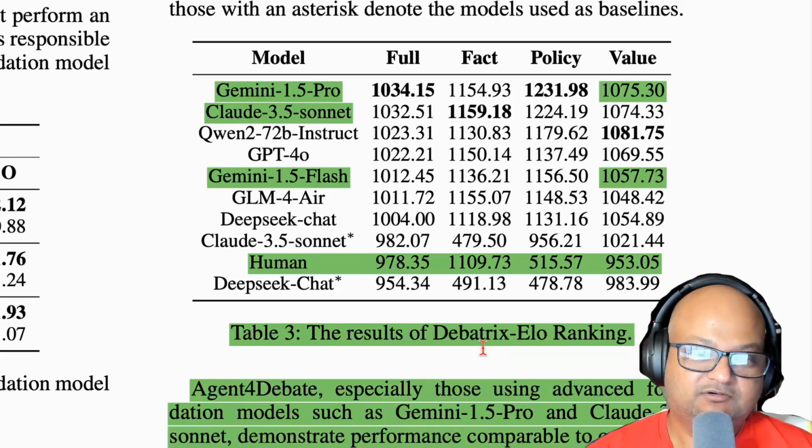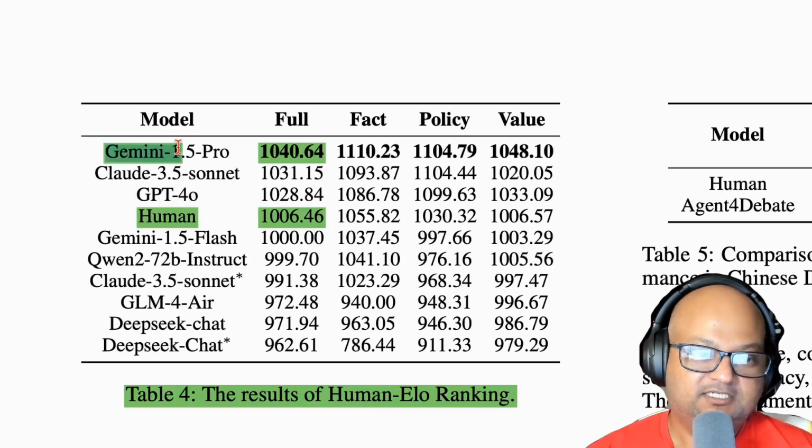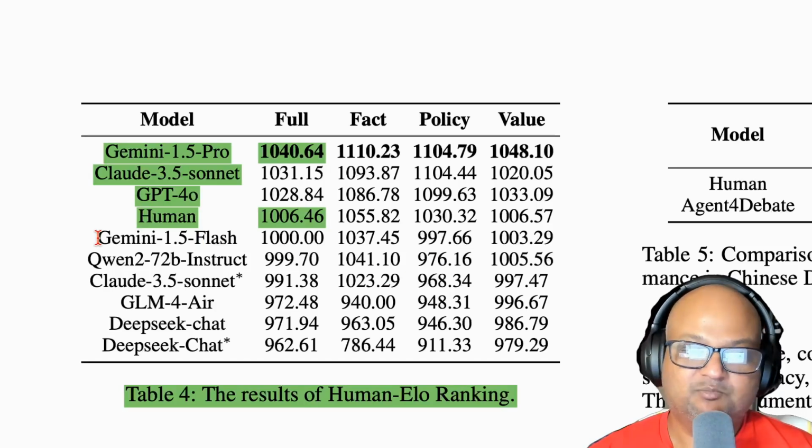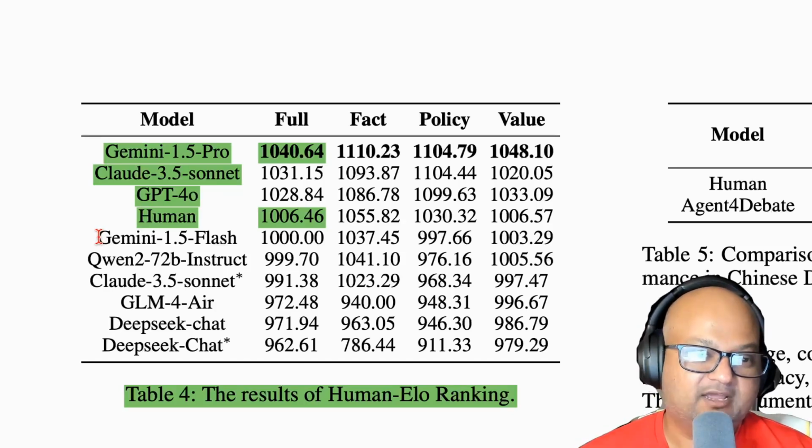So that was the result of the Debatrix LLM-based eval. If you look at the human evals, they tell a similar story. The agentic systems based on the 3 big frontier models end up beating humans, but by a smaller margin than we saw in the Debatrix ELO rankings.